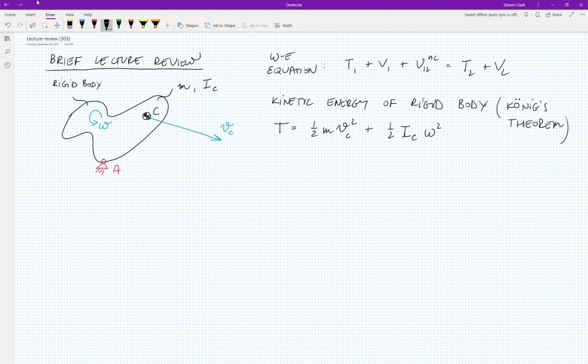Okay. However, there is another way to calculate this energy, because every time you localize a pin in the system, like in our system, you can actually write such an expression. T is equal to 1/2 IA omega squared, where IA is equal to IC plus m d squared, where d is this distance naturally.